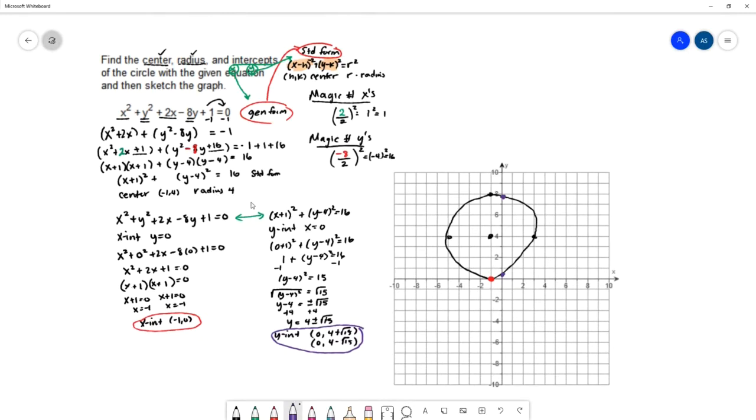Then we looked for the intercepts, and we found the x-intercept by letting y equal 0, the y-intercept by letting x equal 0. And I showed you using both formats how you could find the intercepts. And then we graphed the circle using the center and the radius.